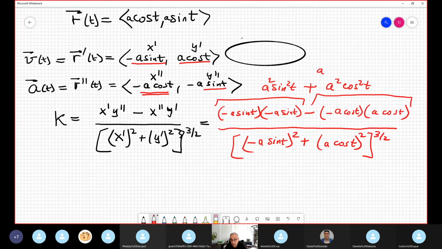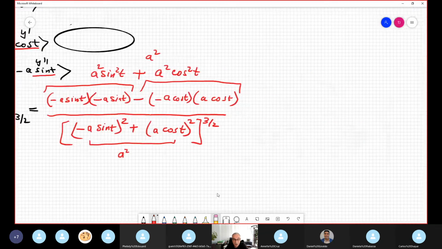On the top we have only a square. In the bottom we have a similar situation: this and this together is a square, only a square. When you find the square root, it is a, and raised to the cubic power is a cubed. On the top we have a square, in the bottom we have a cubic. So 1 over a. And this is the curvature.